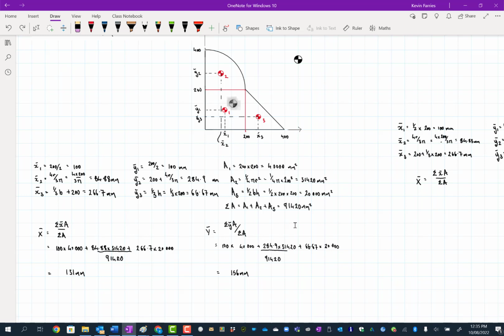And then we've got 156, so we're going to end up somewhere around 150, somewhere about there. And if I imagine sticking my finger there, would it balance? Yeah, I reckon it would. So it looks like we've got the right answer.